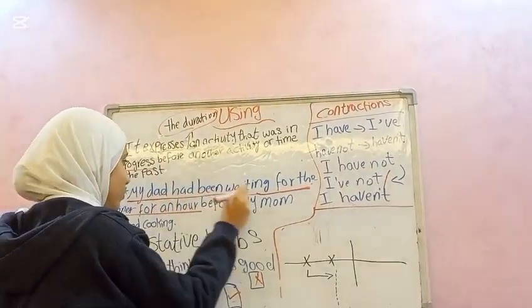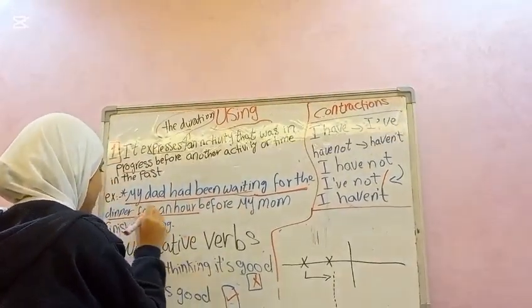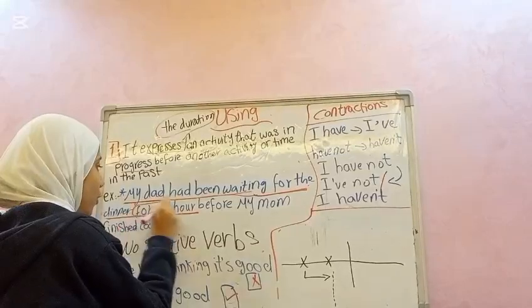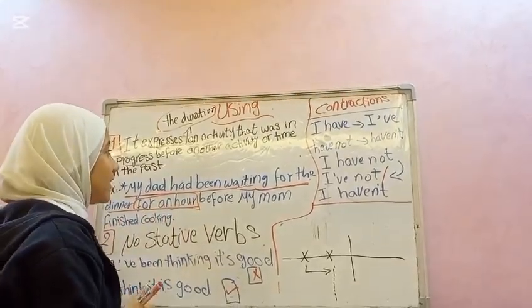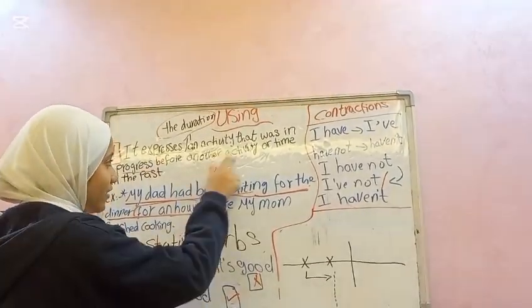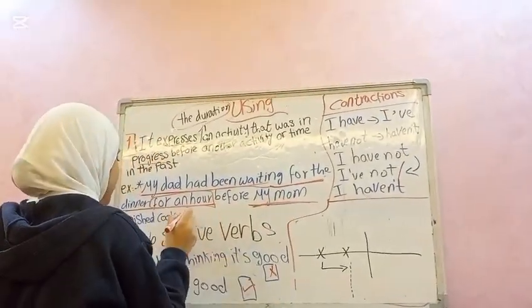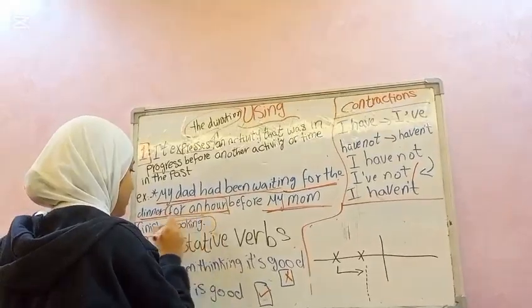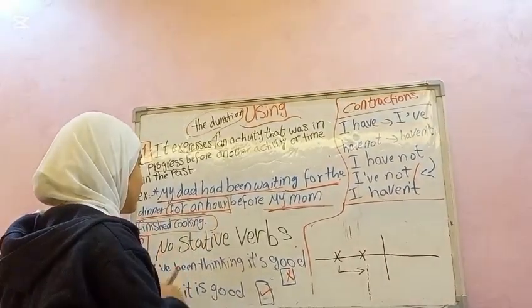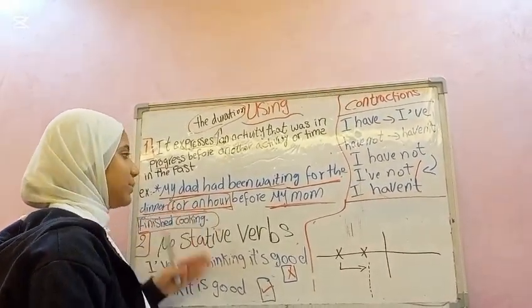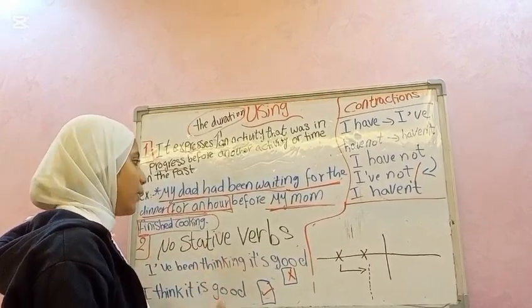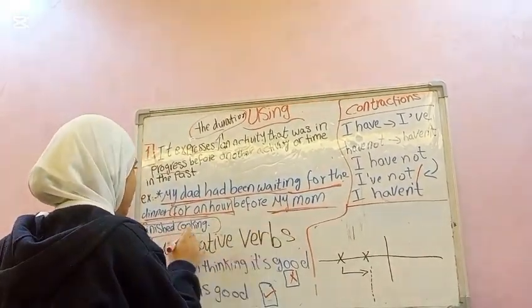This is an activity in progress in the past, and this is the duration, which is for an hour. Before another activity or time, this is the activity which is in the past.